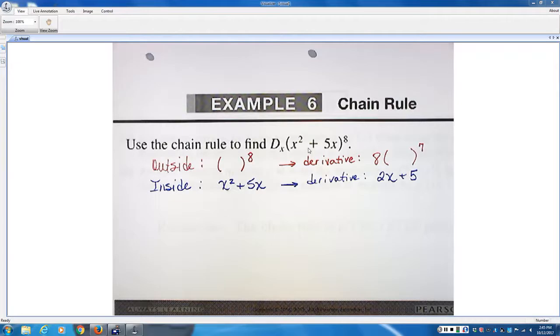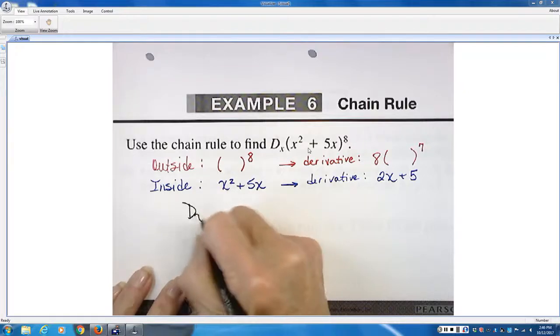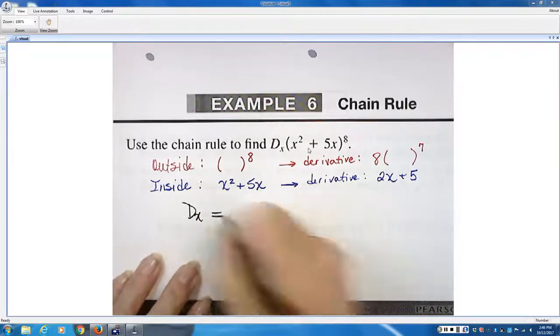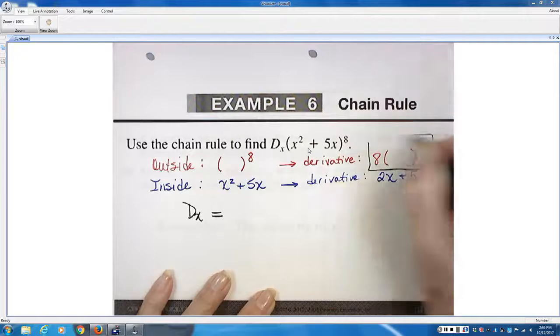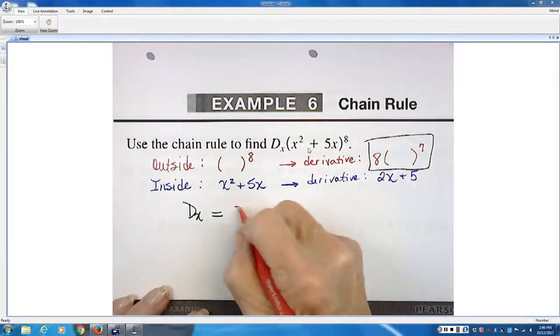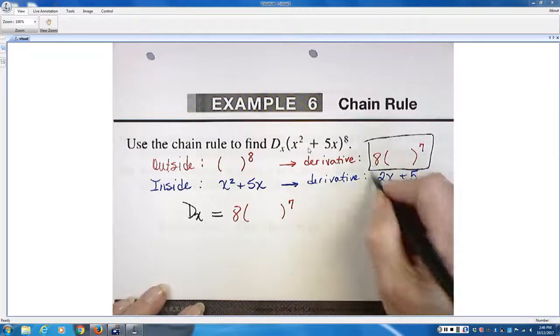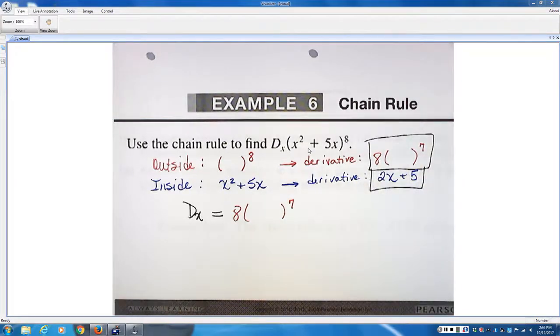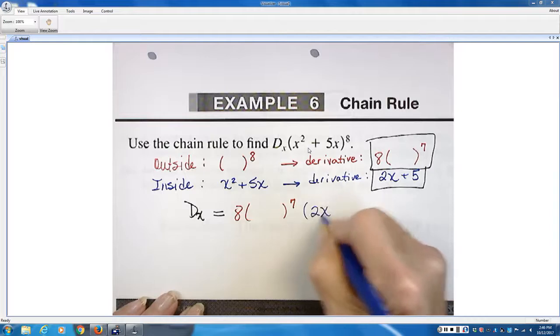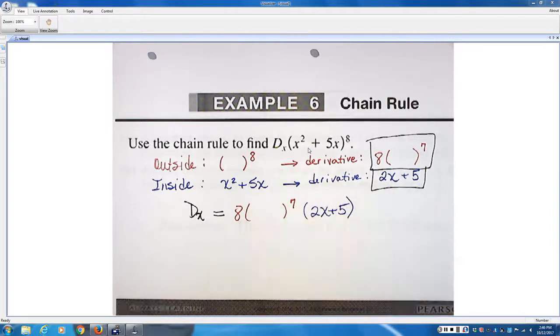So the derivative of the original function is equal to this times this. And now that we're at the last step, now that we're about finished, now go back and put in what your inside function was.